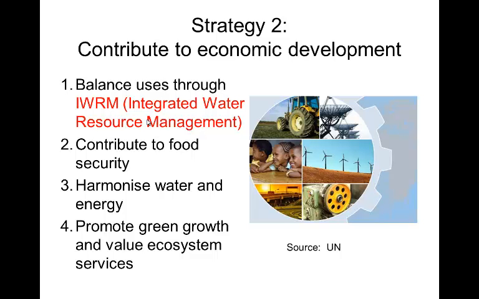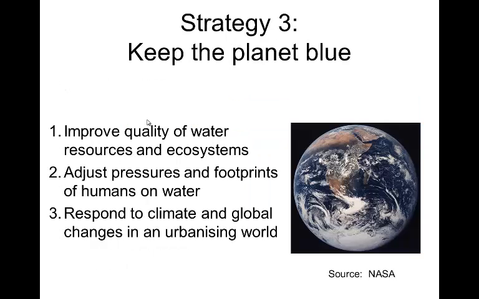And then there's the economic development objective, and it has food, water and energy, green growth, ecosystem services. And I've highlighted in red the integrated water resources management, which is the tool that I'm talking about today, and we'll explain how it works.